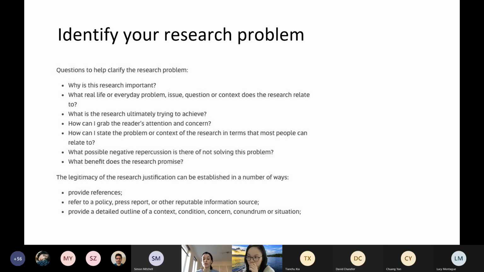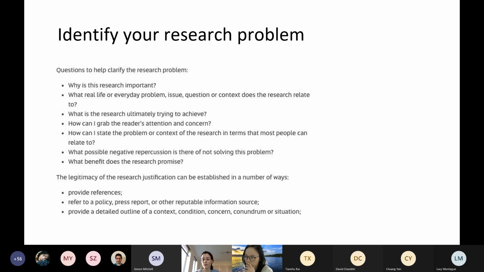Why is it important for me to communicate these ideas to someone else? And who is my audience as well? So think about who is reading this dissertation. What real life or everyday problem, issue, question, or context does the research relate to? And what is this research ultimately trying to achieve?